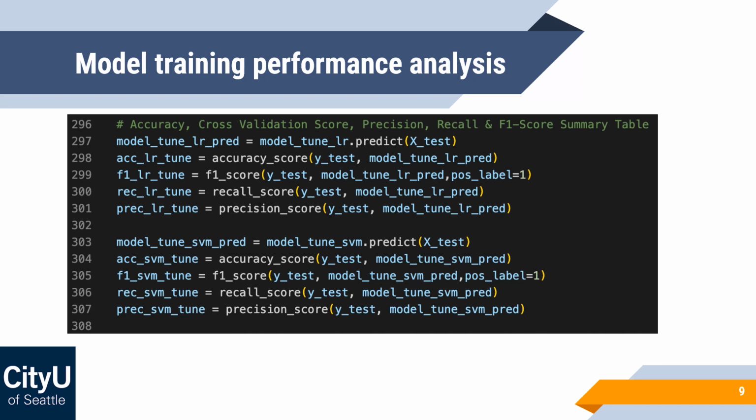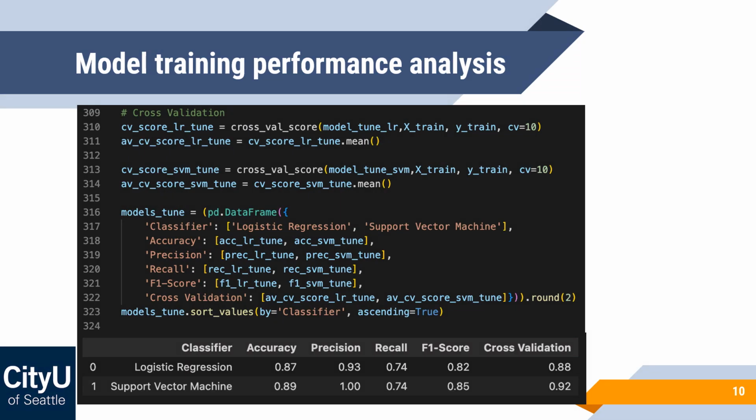Then for model training performance analysis, we will use accuracy, cross-validation score, precision, recall, and F1 score summary table. For the cross-validation, we use 10, and then we find the mean.